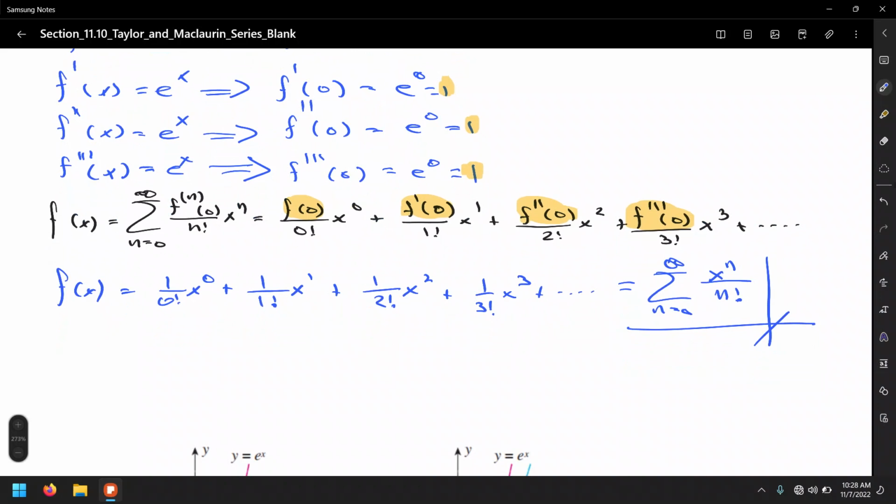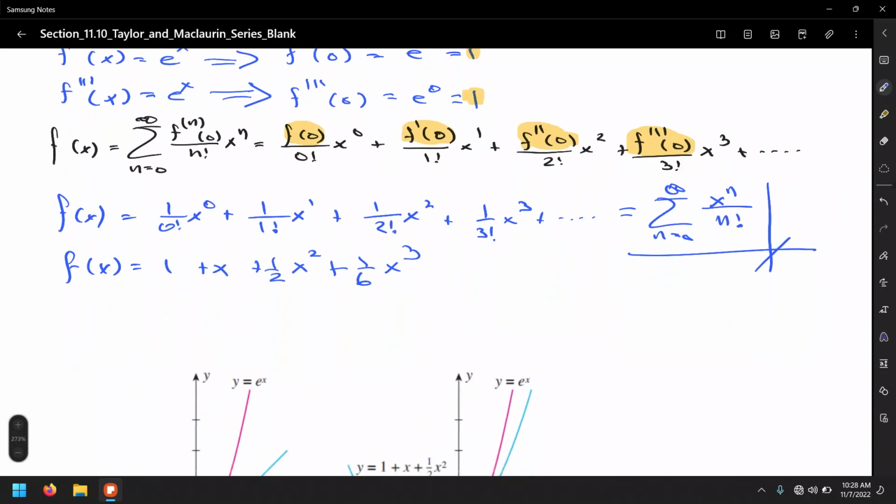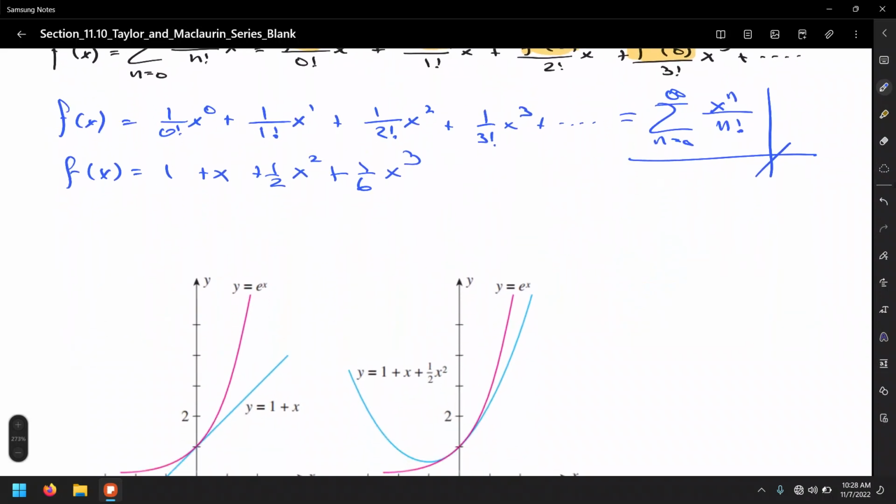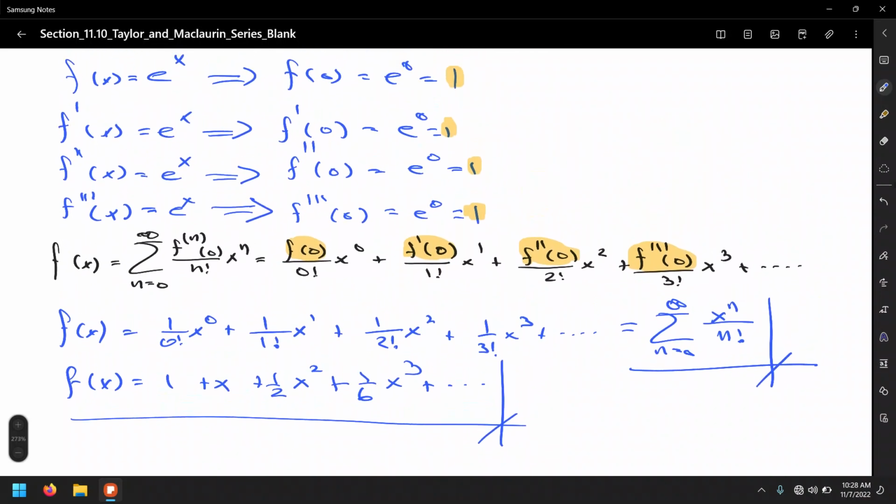All right, let's make a connection with this particular example to what we did at the beginning of this section. So number 1, okay, let me keep simplifying this. This time I'm going to simplify, so that's 1 plus x plus 1/2 x squared plus 1/6 x cubed. All right. So over here, what do we have in this final answer? In this final answer, we have a few things.